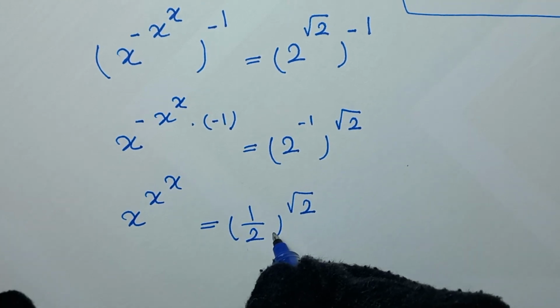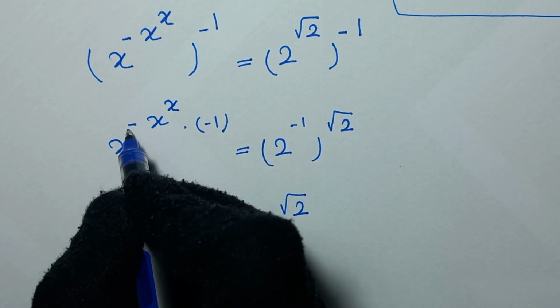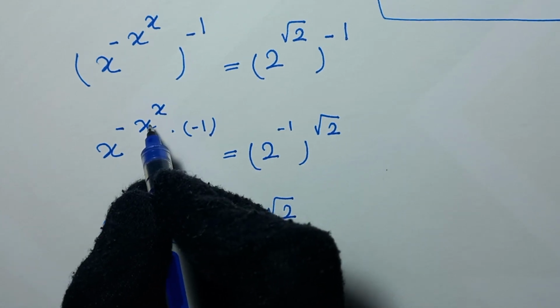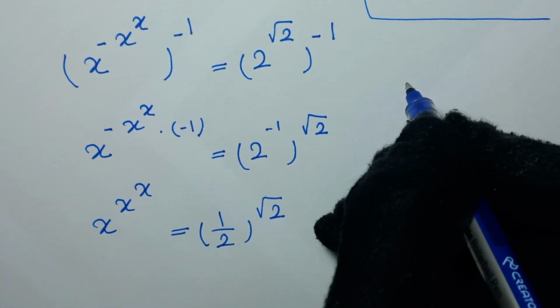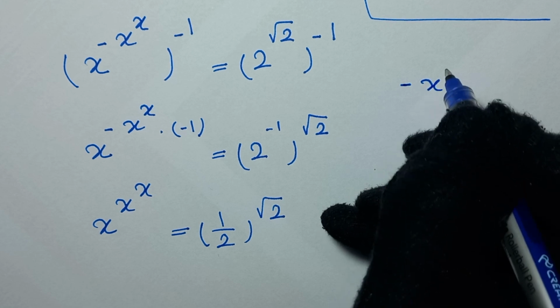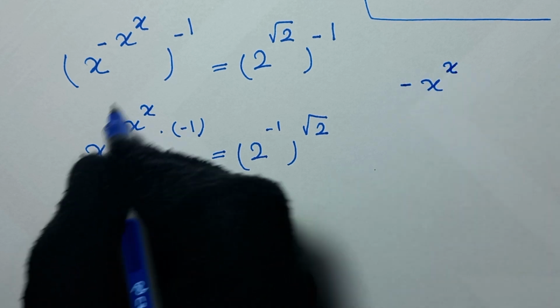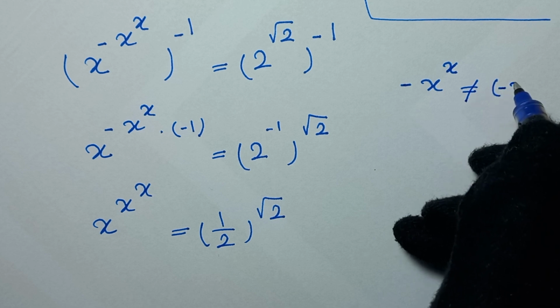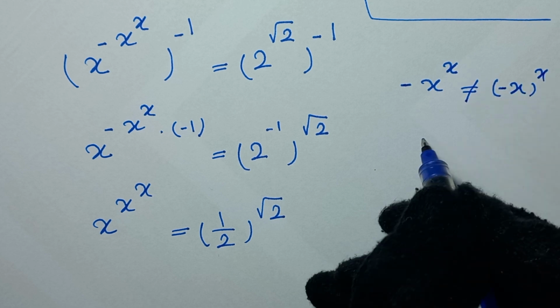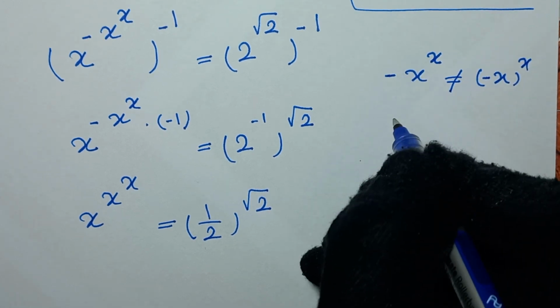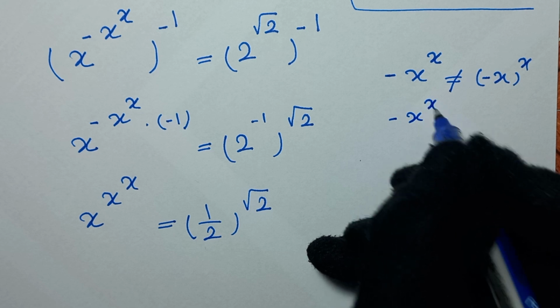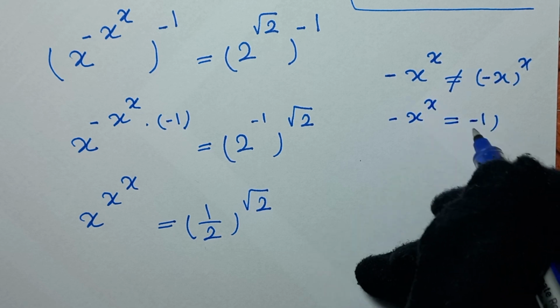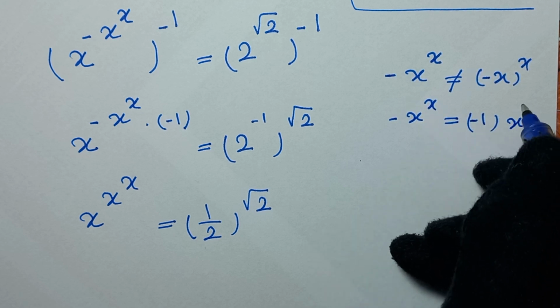Be careful here that negative x to the power of x is not equal to negative x, to the power of x. This negative x to the power of x is equal to negative 1 times x to the power of x.